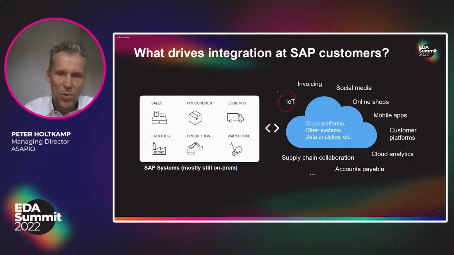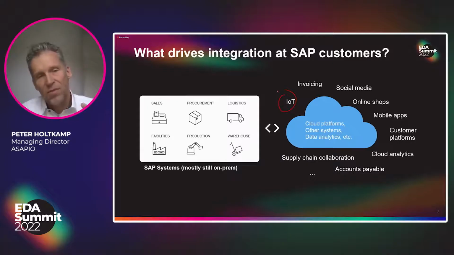And if you want to measure a process performance, you have to take all your existing infrastructures under consideration. Some of that stuff sits in SAP, some sits somewhere else. So you need the connectivity into SAP in order to retrieve that data for cloud analytics, but you also have to exchange data to other systems in order to have the end-to-end process analytics. Supply chain collaboration is an older one, which is used a lot in the automotive industry, accounts payable. The list is endless, just a couple of examples.